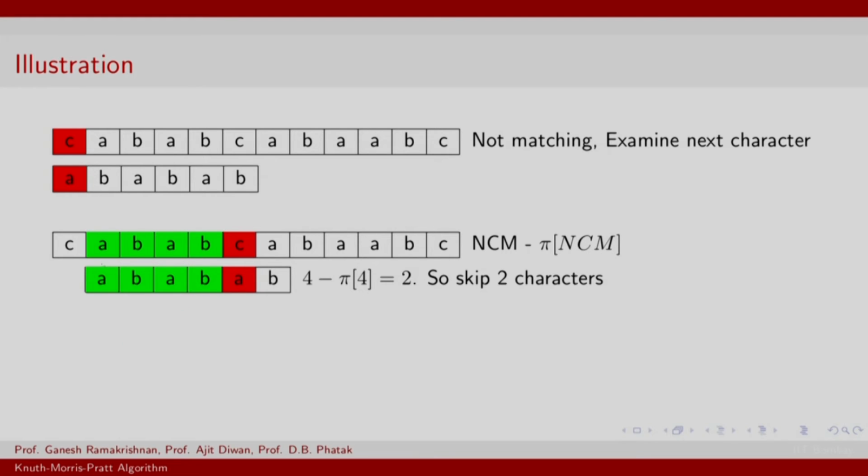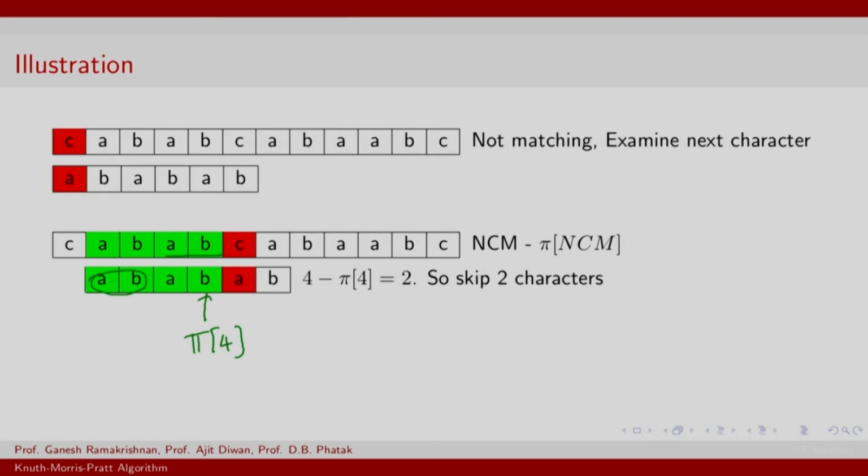So we start matching characters at the next position and we find that we have matches until position 4. At position 5 of the pattern there is a mismatch. Now how much should we move to the right? We look at pi 4 and we find the length of the longest prefix of the pattern that happens to be a proper suffix of the text, and that is 2.